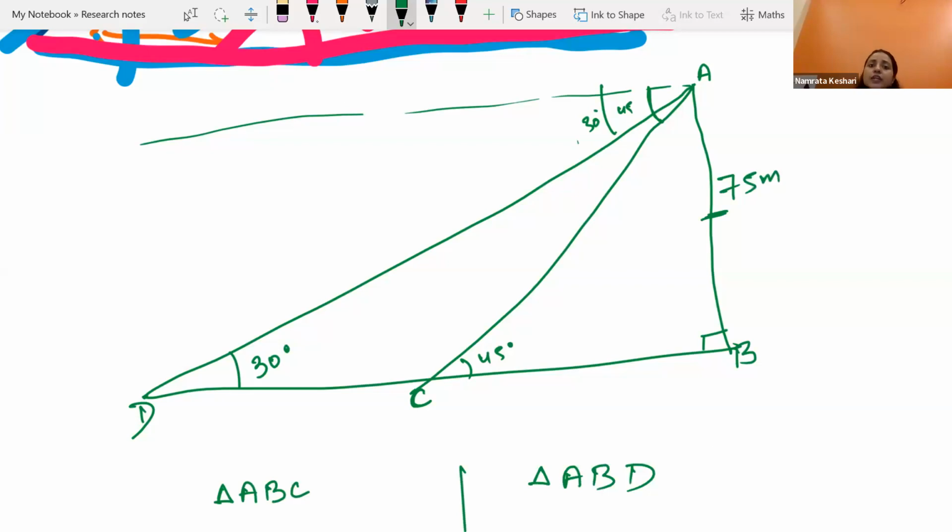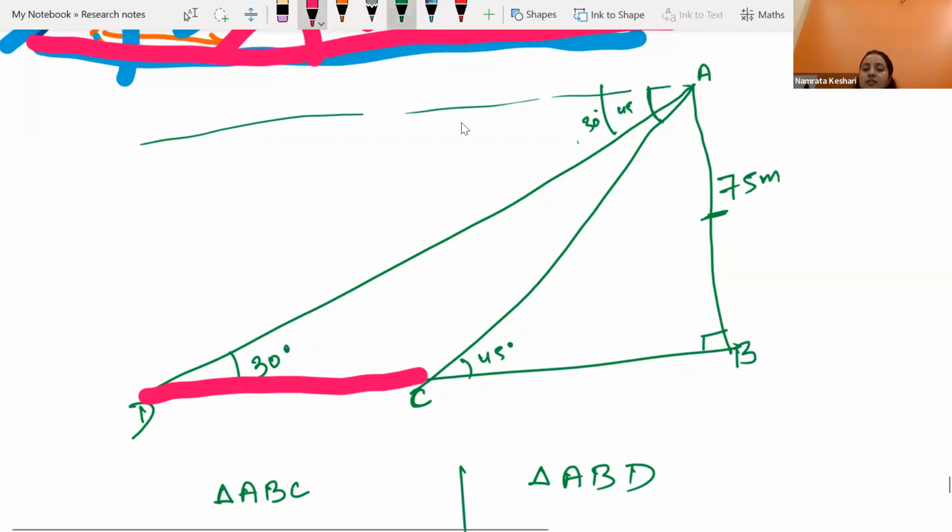And what we need to find is the distance between these two ships, CD. That means the base we will be using, adjacent side, opposite side. So still you can see tan is coming. Tan 30 degree, tan 45 degree, opposite over adjacent, and then you have to do the subtraction.